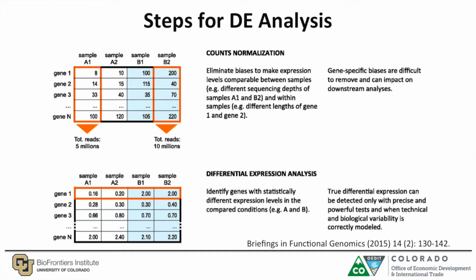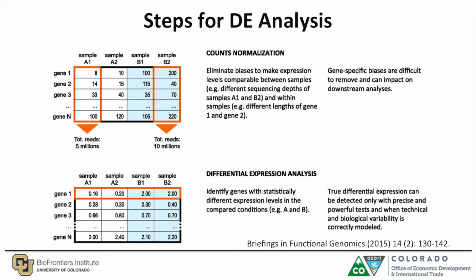The next step would be to perform some sort of count normalization, and again, as I said, there are many different biases in data sets, one of them being how much total sequencing you have for each data set. But you also have biases within the gene length, mapping biases, and other sorts of biases.